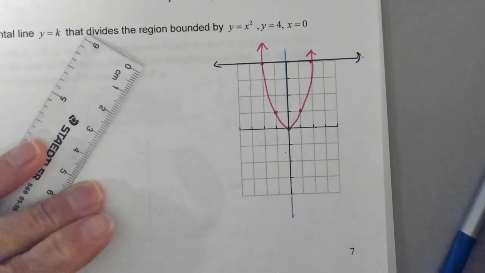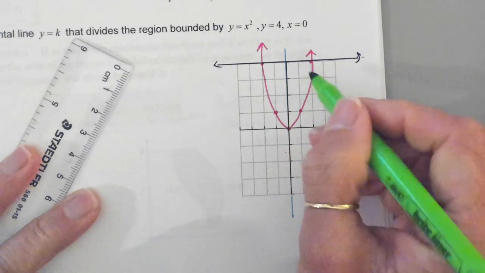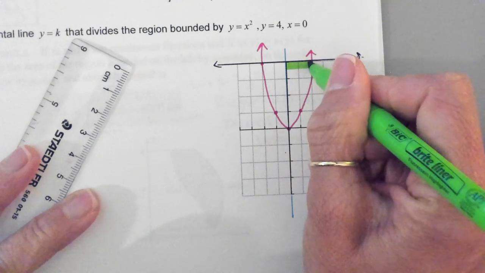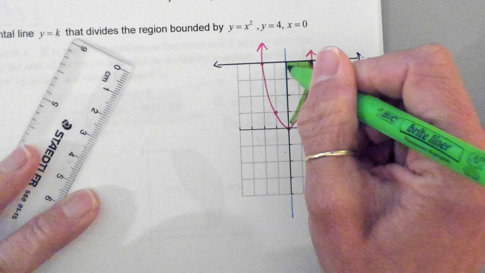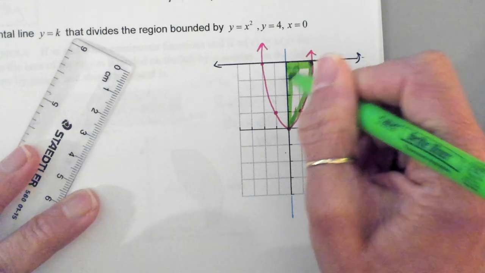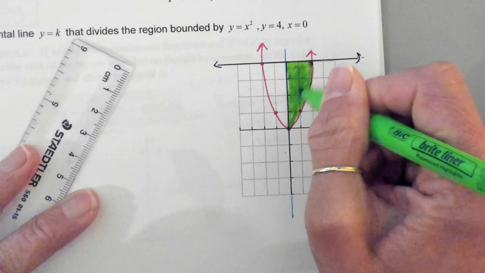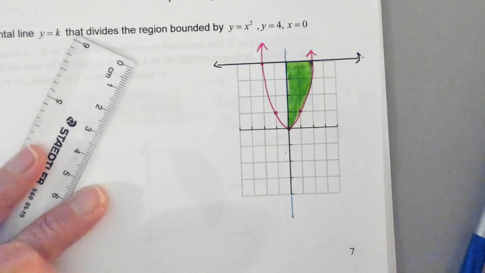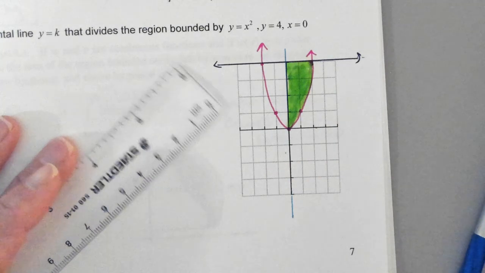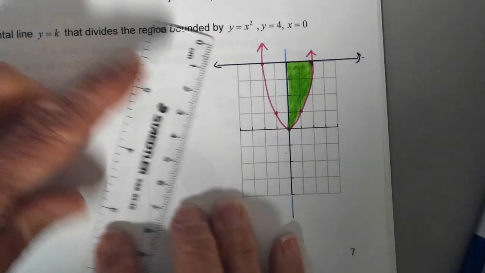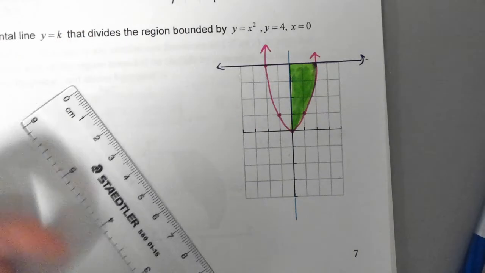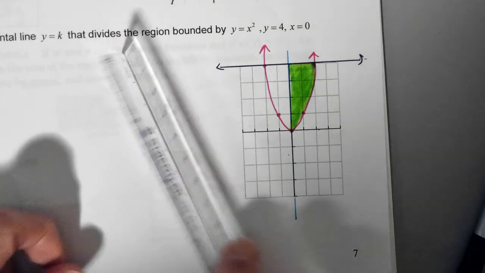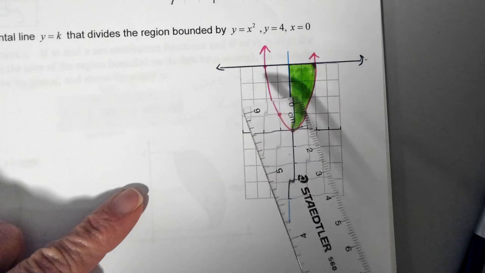Does everyone see the region that we're looking for is actually right here? Everybody good? Why do you only look at that half? It's based on the bounds. It doesn't matter, because it could be the other side too. But they're saying that it's not this whole piece, it's just the half.